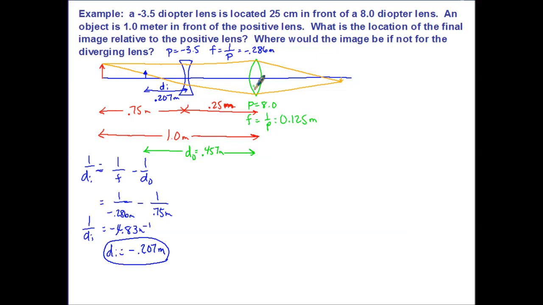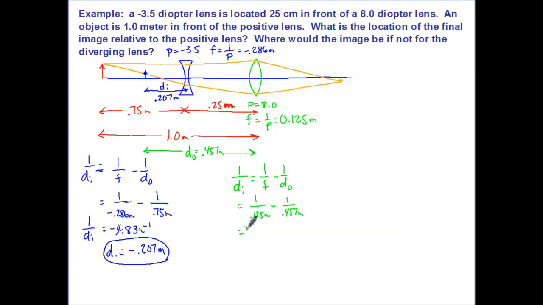So let's go ahead and use green for this one. I'm going to find di here. So 1 over di is equal to 1 over f minus 1 over do. And so 1 over that focal point, our focal length is 0.125 meters minus 1 over the 0.457 meters.